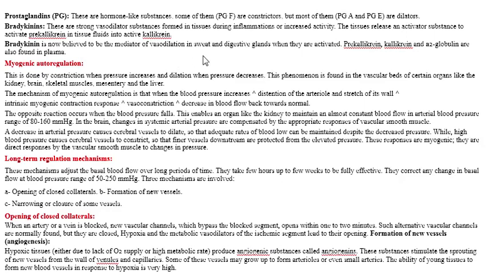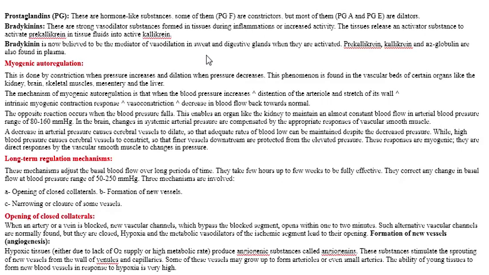When there is high pressure inside the vessel, the vessel becomes constricted, and it is dilated when the pressure is decreased. This is called myogenic. It depends on the passage and velocity of the fluid, and the velocity will depend on the pressure.